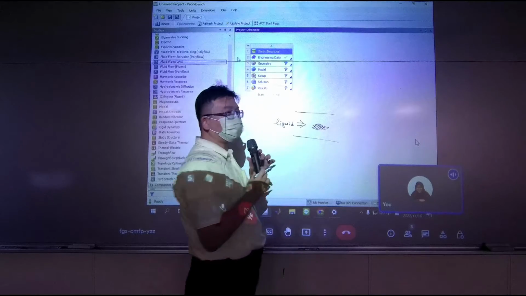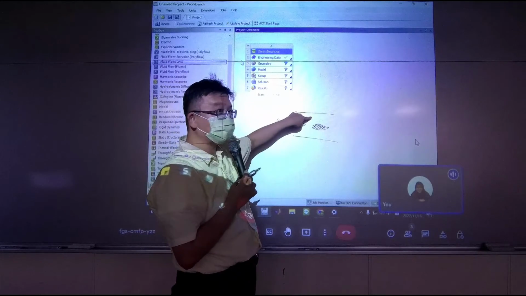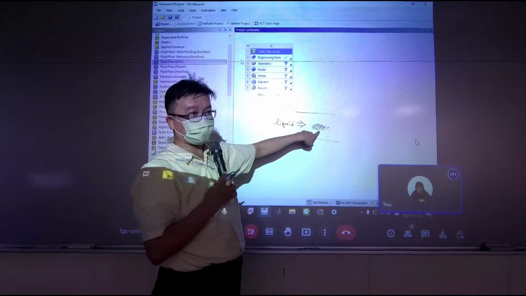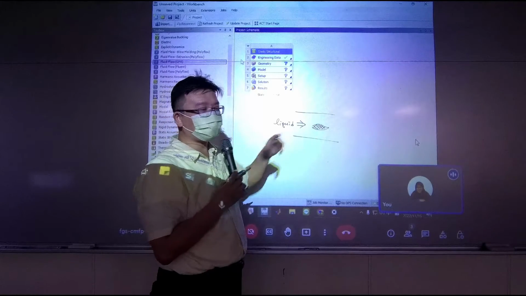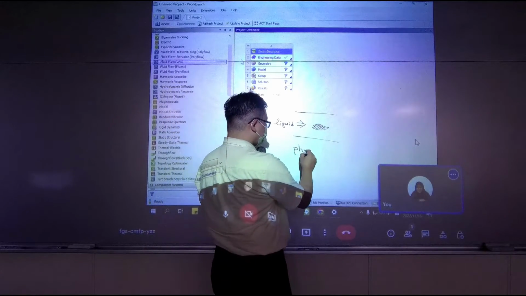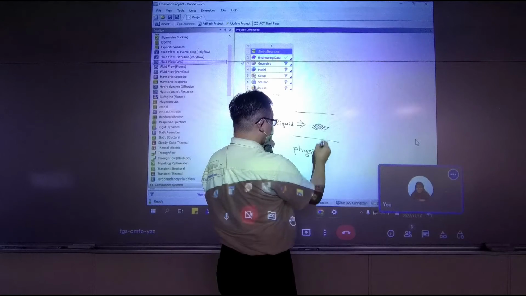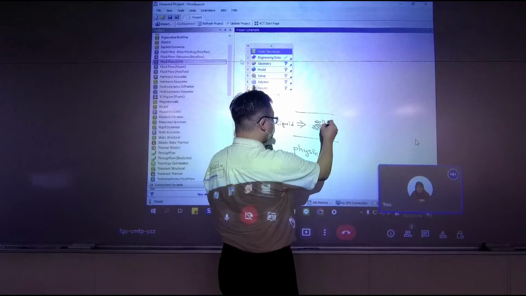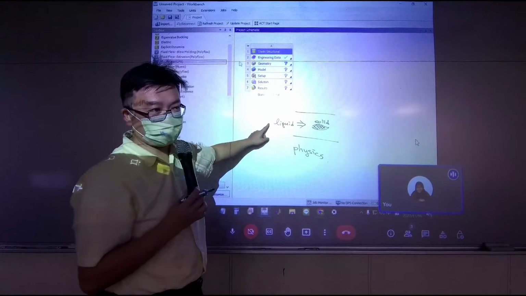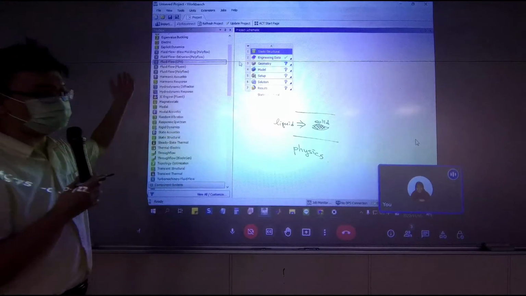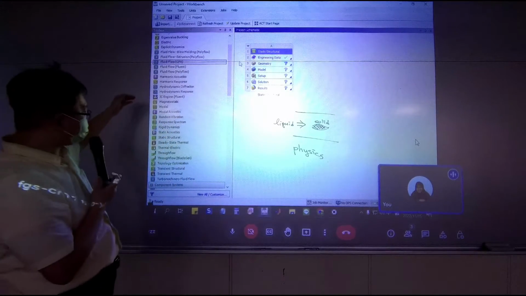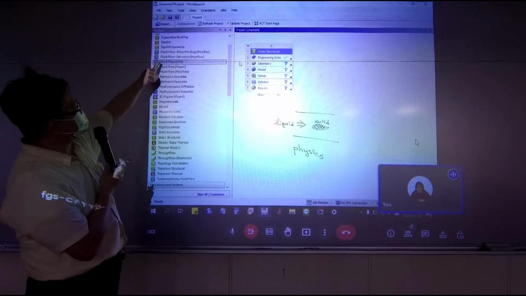If you want to analyze the liquid and also analyze the structure, they are two different kinds of physics. Okay? So this is solid mechanics. This is fluid dynamics. So over here for ANSYS, it has fluid dynamics right here.